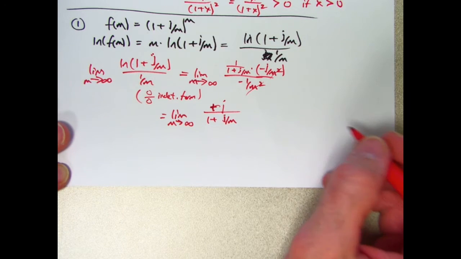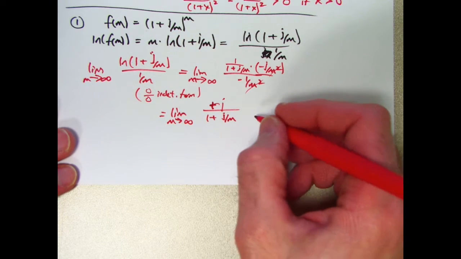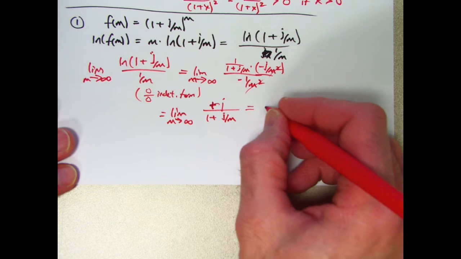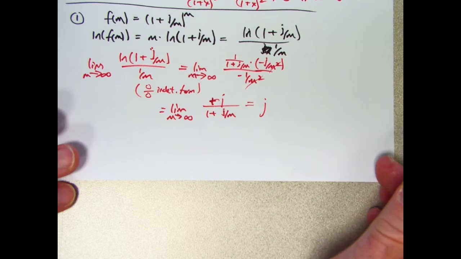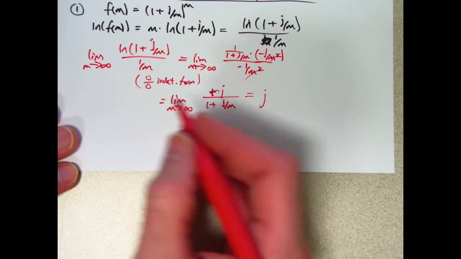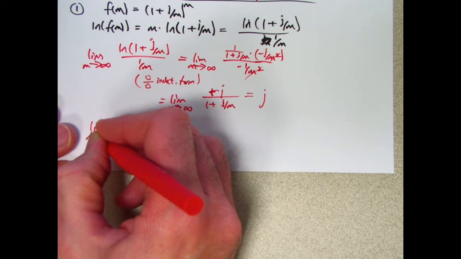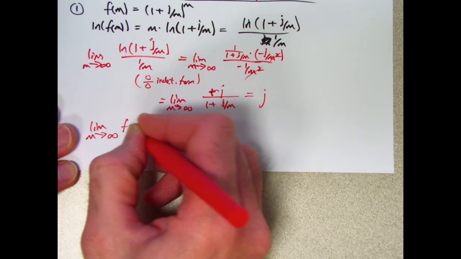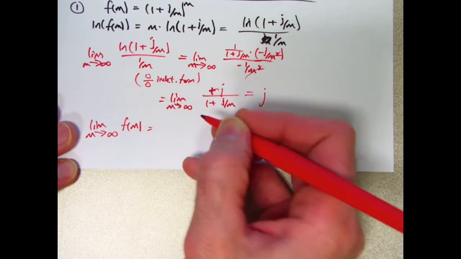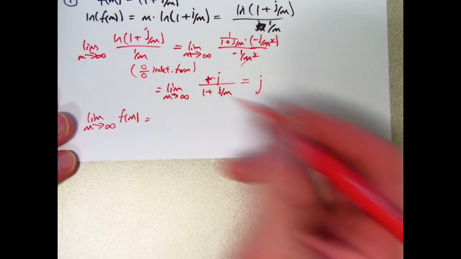And that quantity definitely has a limit as m goes to infinity. This goes to 0, so this approaches j as m goes to infinity. That is that limit. Now exponentiate to get back to the limit of the original function as m goes to infinity, which is going to be e to the j.